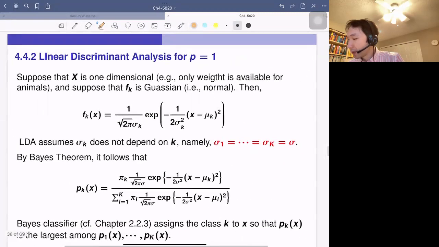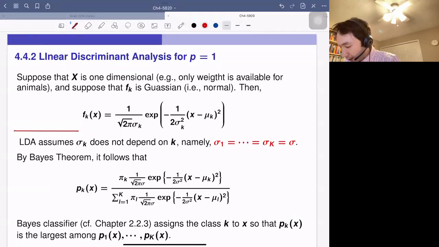So at first, p is equal to 1. We consider the normal distribution to fit each distribution of X. So we have X and its distribution, and we assume this is a normal distribution. This is f_k(x), which follows normal with mean mu_k and variance sigma squared.